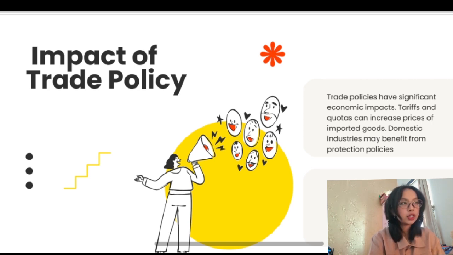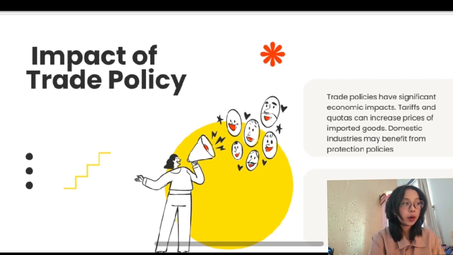Next, strategies for effective trade policy. To create effective trade policies, governments should implement strategic actions. Supporting export competitiveness helps domestic firms expand globally.